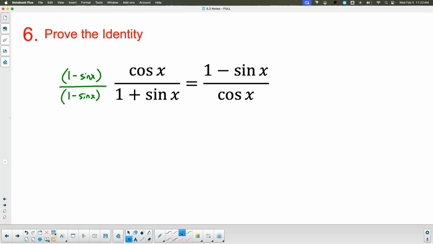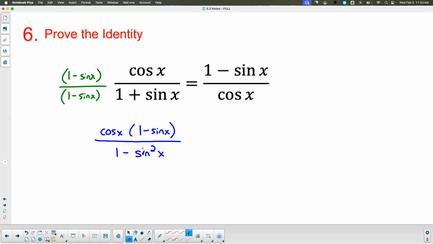If I do that, then I've got cosine times 1 minus sine, and on the bottom, I get 1 minus sine squared of x.